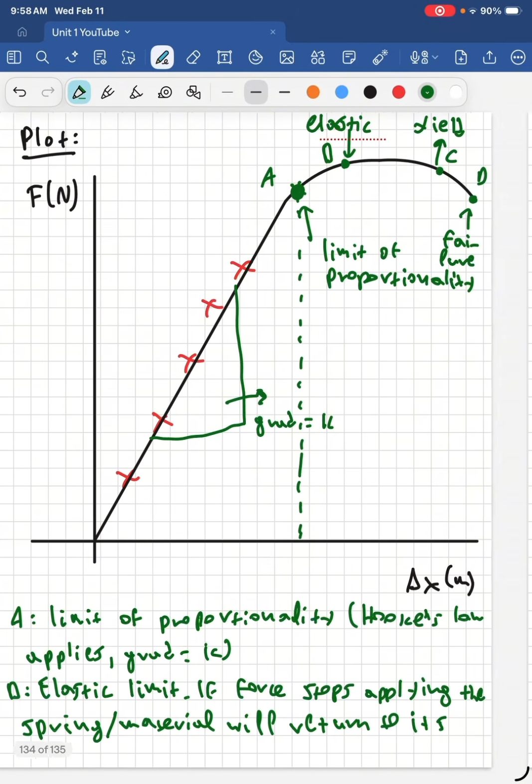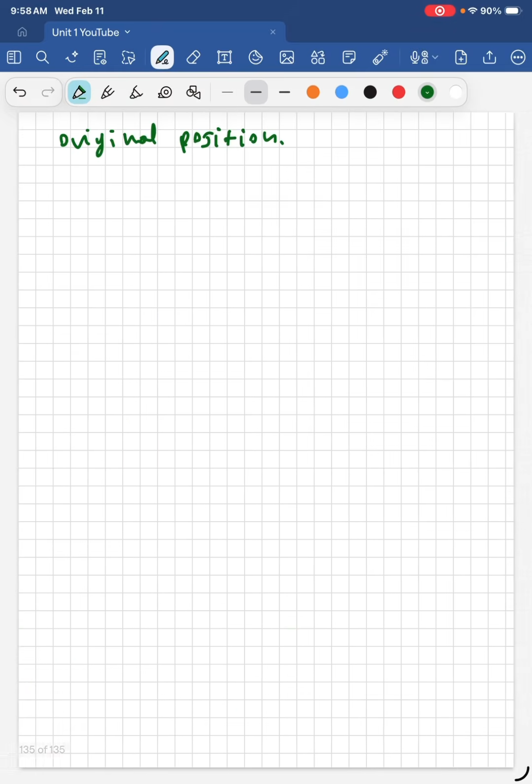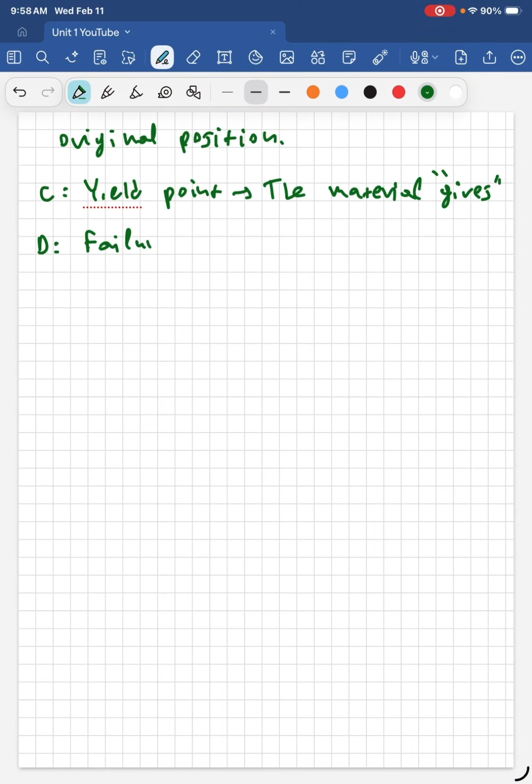The next point is the yield point. So the material starts breaking. The material gives, meaning that it starts breaking. And then D is the failure, which means that the material breaks.